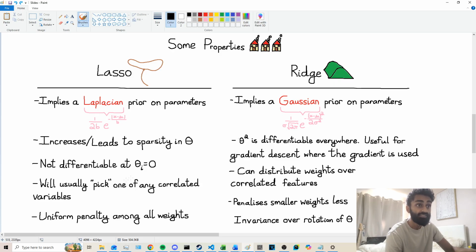So again, Lasso will pick one variable out of a set of correlated variables. Say θ1, θ2, and θ3 were all correlated. That means there is redundant information between these three variables. The correlation means that there's an overlap in predictive information. The way Lasso deals with this is it sees the redundant information, and it only picks one variable.